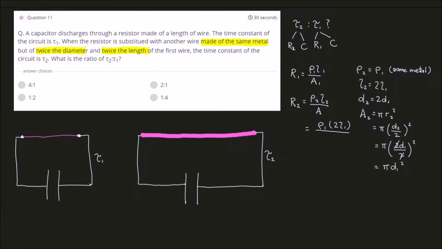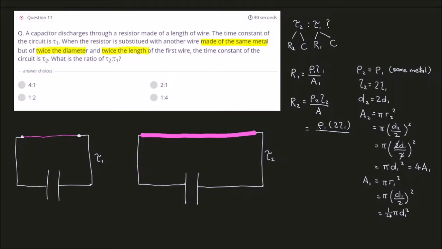So this is for A2. If you compare with A1, A1 is just pi r1 squared, which is just pi (d1 over 2) squared. So now this will become 1 over 4 pi d1 squared. So we know that A2 is actually 4 times A1, because if you take A1, 1 over 4 pi d1 squared, you multiply by 4, then that's what you get, pi d1 squared. So A2 is equal to 4 A1.